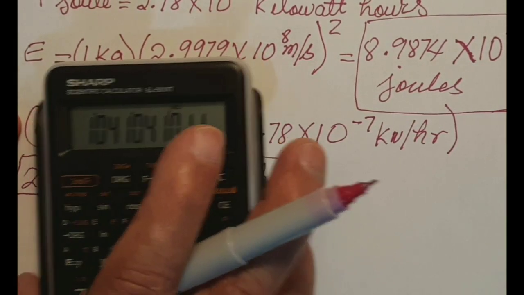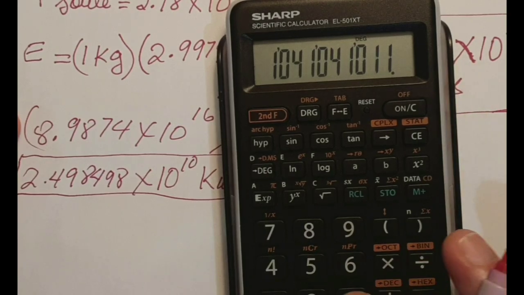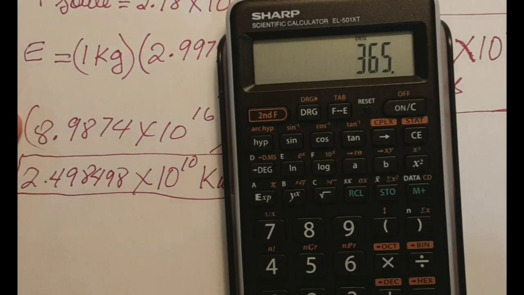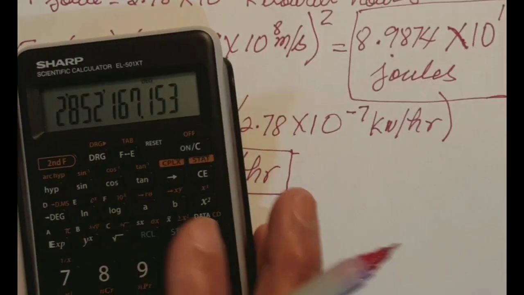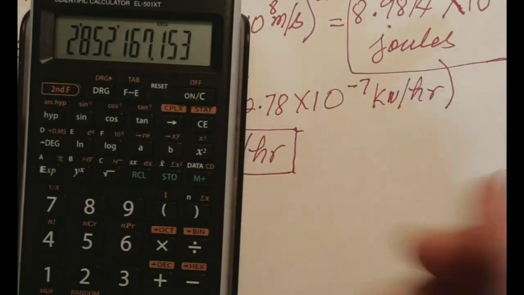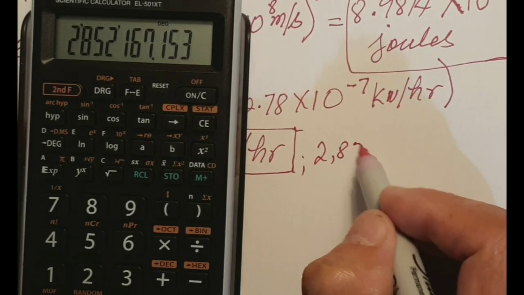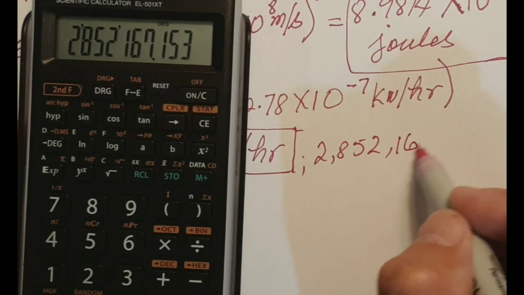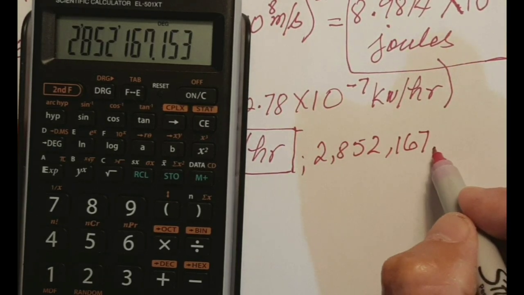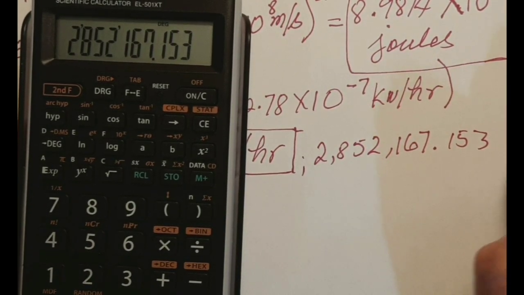But we can still divide it by years. So we divide by 365 days, which is 1 year, and equals. We get this amount, 167.153 years.